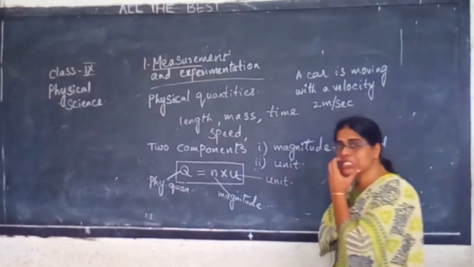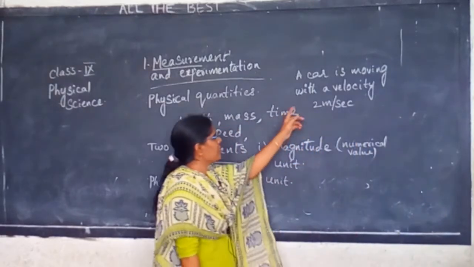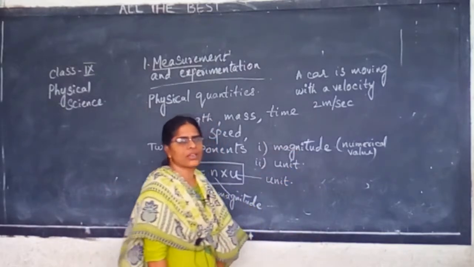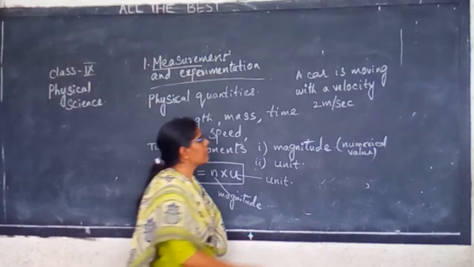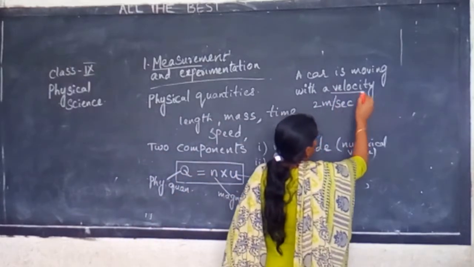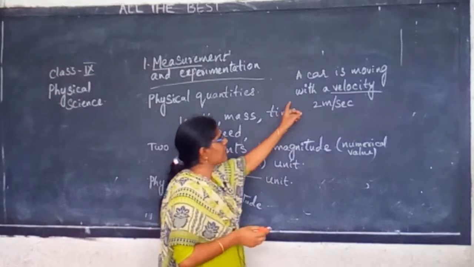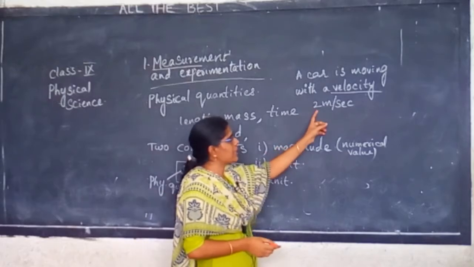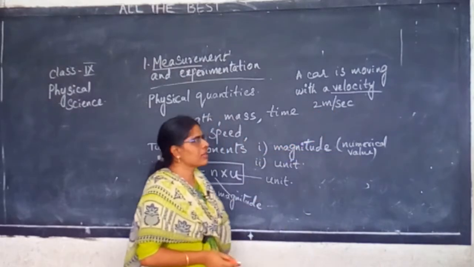Have you all seen such problems? Here, what is the physical quantity? Velocity is the physical quantity. In the problem, it says a car is moving with a velocity of 2 meters per second.